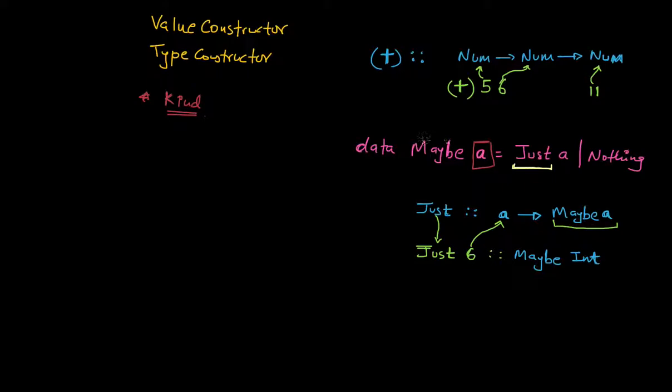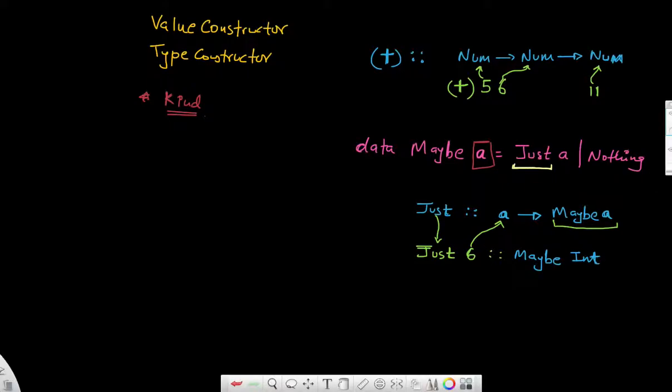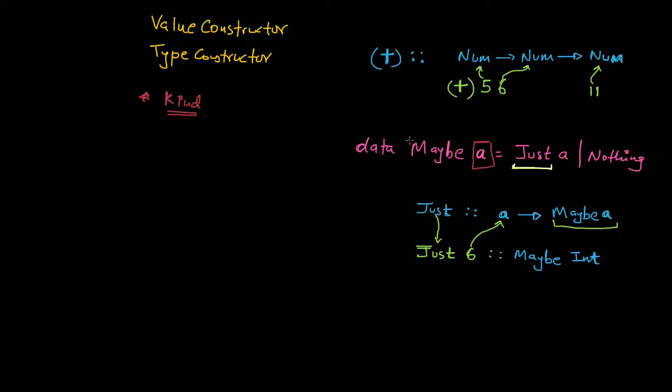Okay, so just to be a little bit clear here, this piece over here, Maybe, is basically a type constructor. And all a type constructor does is say, look, I'll take in as an input a type, and out will come a brand new type that just got created.